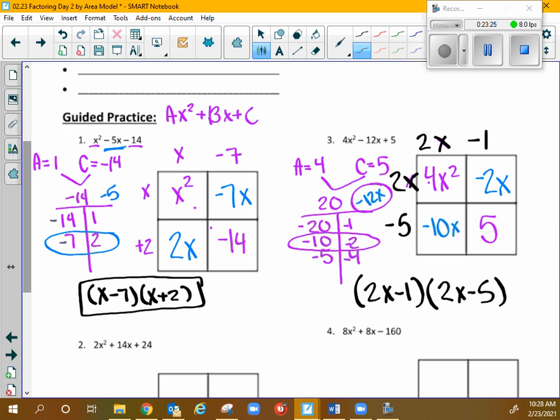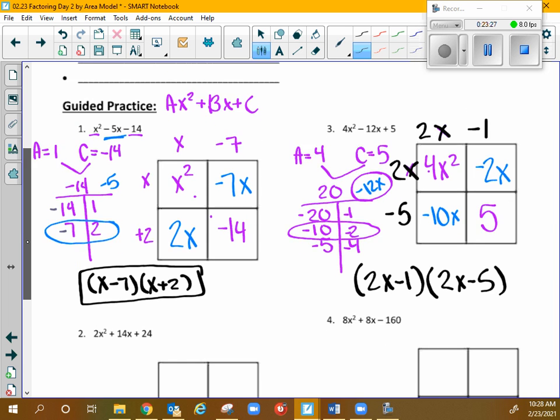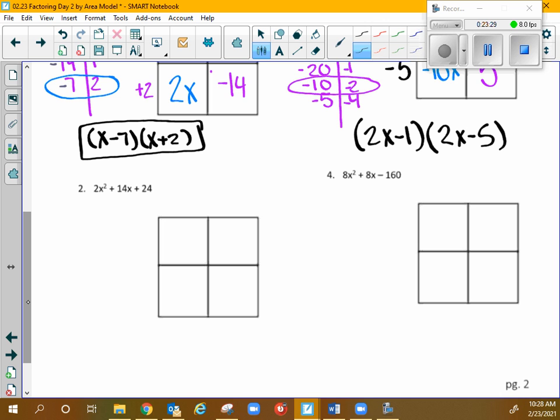Let's try another one, and then we'll build our steps. Number 2. I'm numbered weird. 2x squared plus 14x plus 24. Anything stand out there? Divide everything by 2. Factor out GCF.